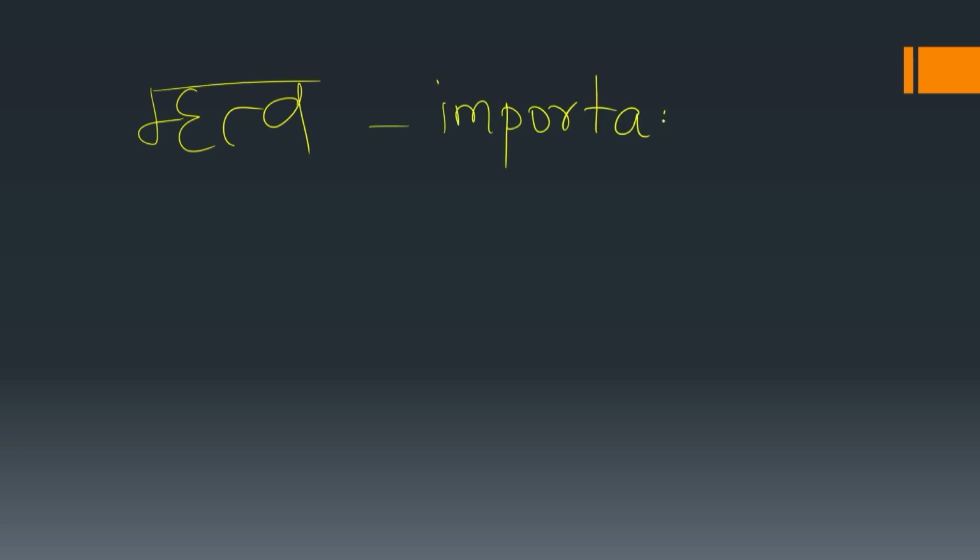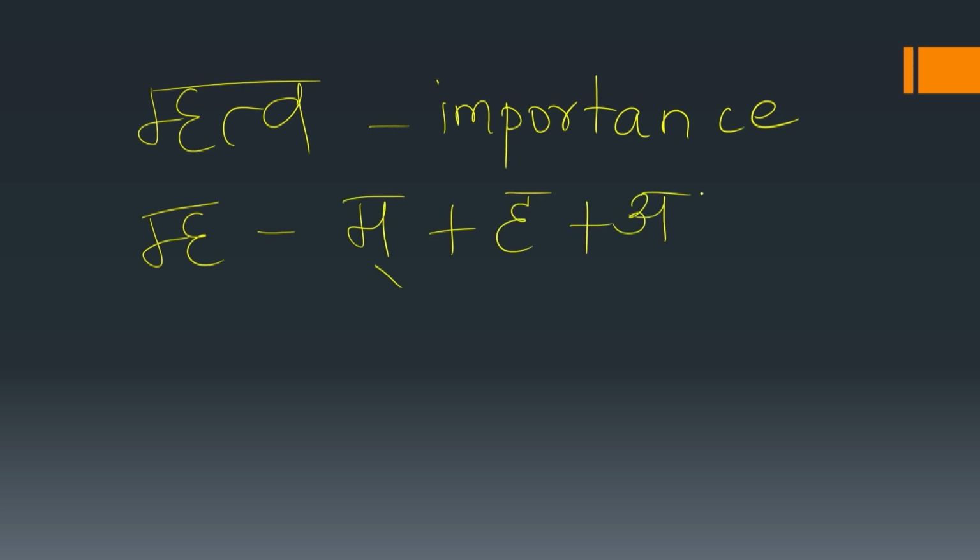Now let's see another Kokni word, Mahatva. Mahatva means importance. Here also we have two conjuncts. This is the first conjunct. Half Ma plus Ha plus A gives us this.